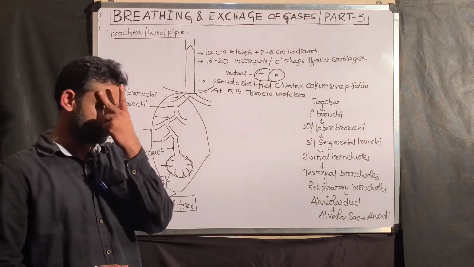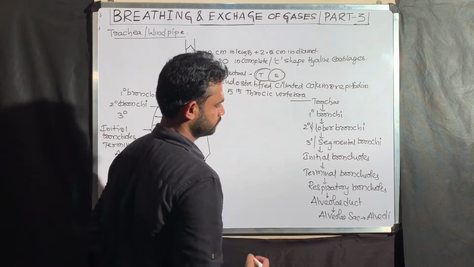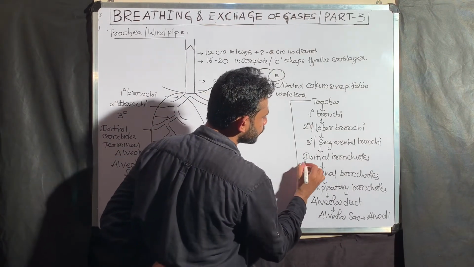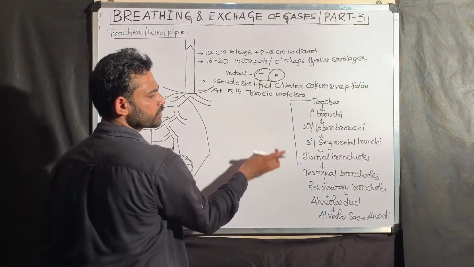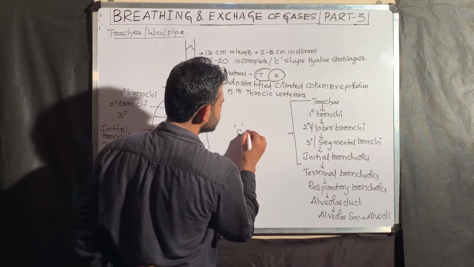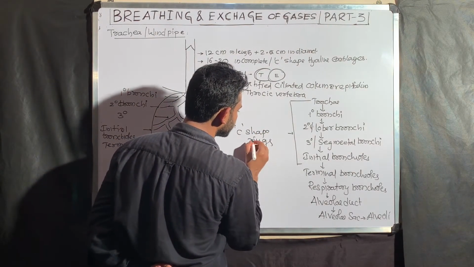Here is one important point for the exam: from the trachea up to the initial bronchioles, the airway is supported by C-shaped or incomplete rings.